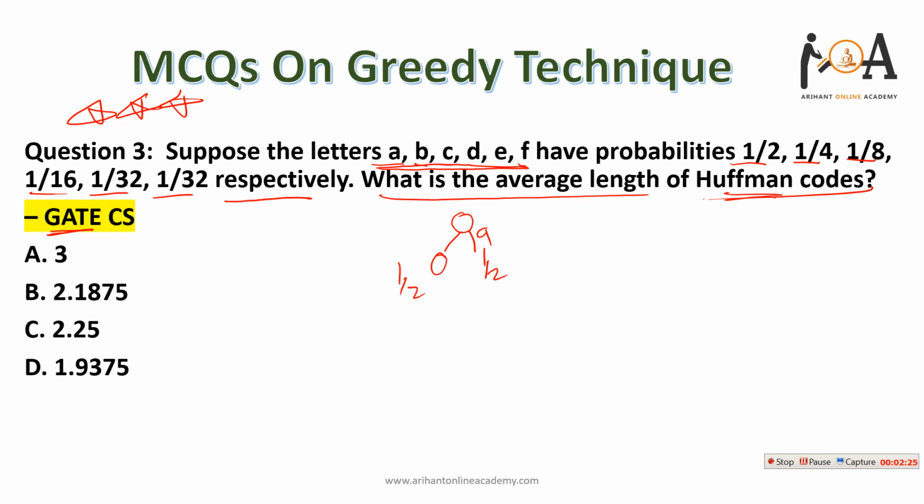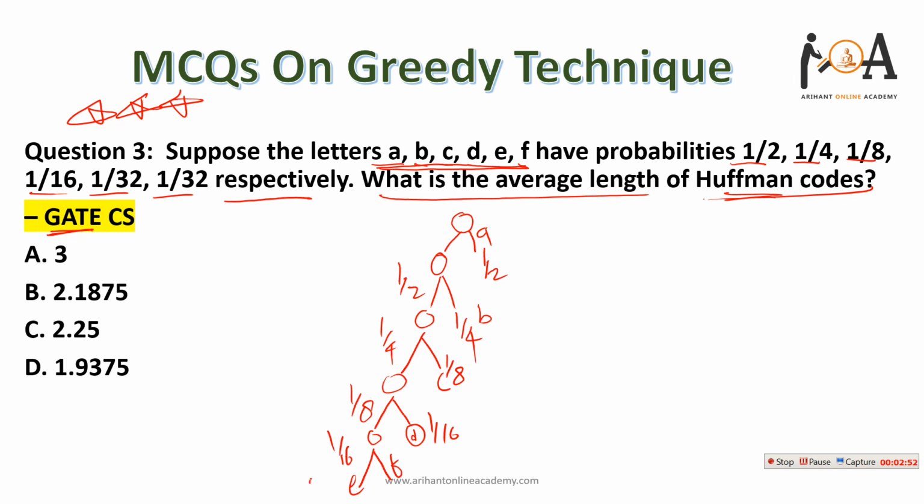Then the remaining probability is 1 by 2, and letter B has a probability of 1 by 4, remaining probability is 1 by 4 here, and letter C has probability of 1 by 8, and 1 by 8 is remaining here now, and letter D has a probability of 1 by 16, and 1 by 16 is remaining here, and letters E and F have respectively 1 by 32 and 1 by 32 as their probability.